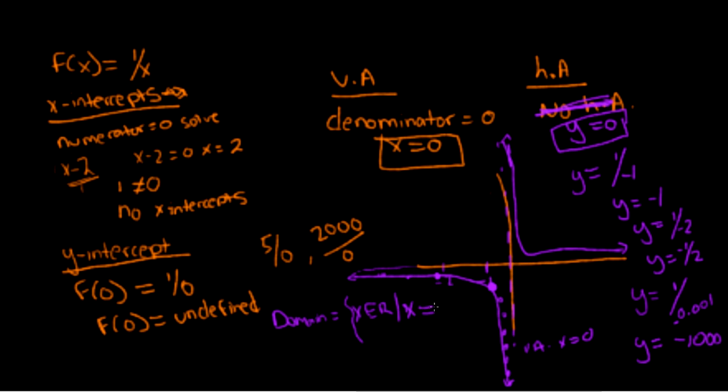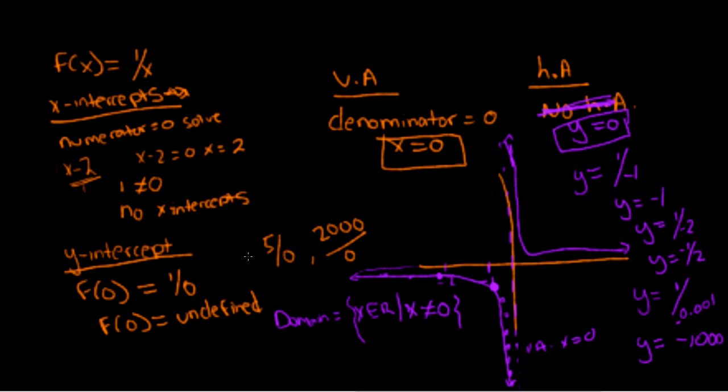So x cannot be equal to 0. X cannot be equal to the vertical asymptote. Other than that, x can be any other value. Because remember, any number divided by 0 is undefined, and the graph cannot cross the vertical asymptote, which means that x cannot be 0.